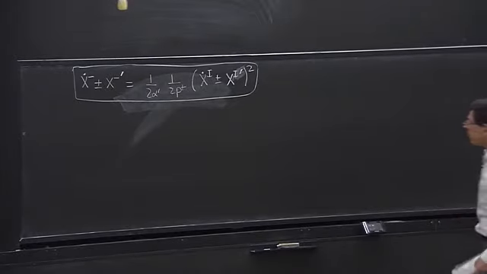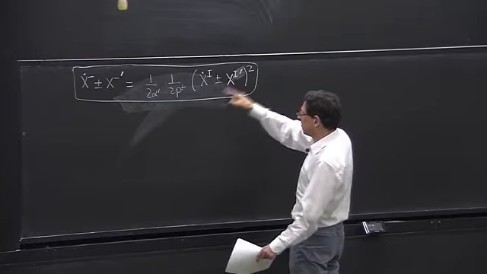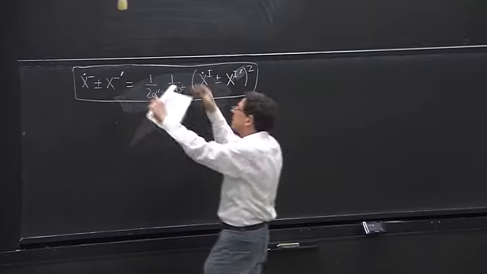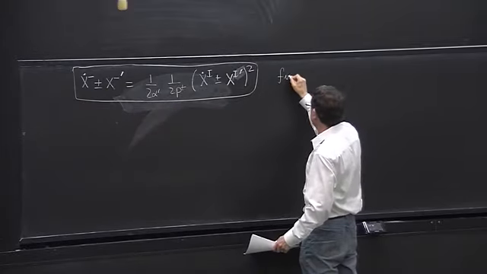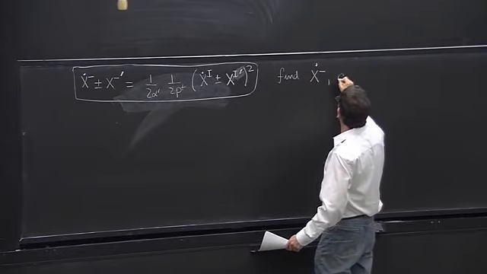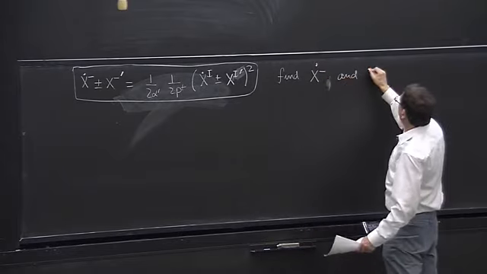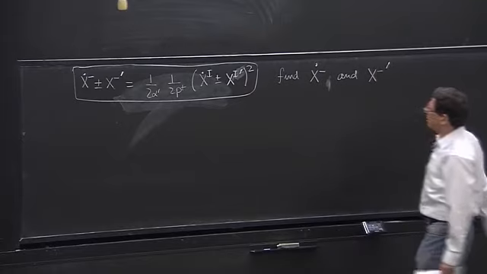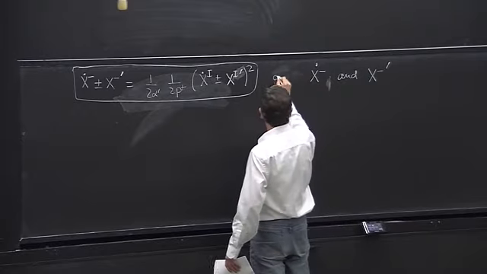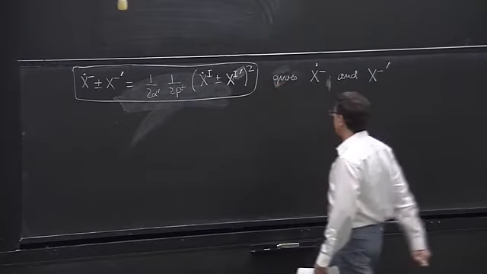So from here, you can take sums and subtract. You can write the first equation, the second, add them and subtract it. So find x minus dot and x minus prime. This equation gives, not find, gives. And it's a simple calculation.